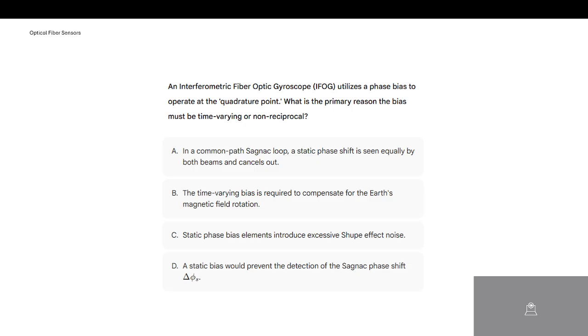B, the time varying bias is required to compensate for the Earth's magnetic field rotation. C, static phase bias elements introduce excessive shot noise. And D, a static bias would prevent the detection of the Sagnac phase shift delta phi s.